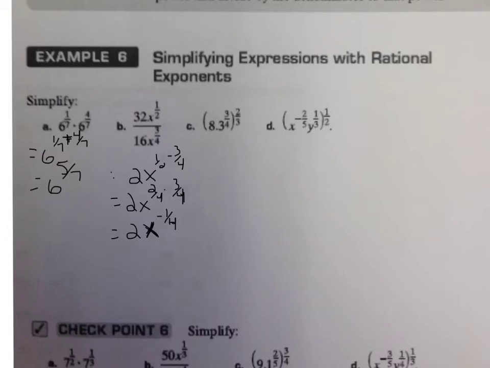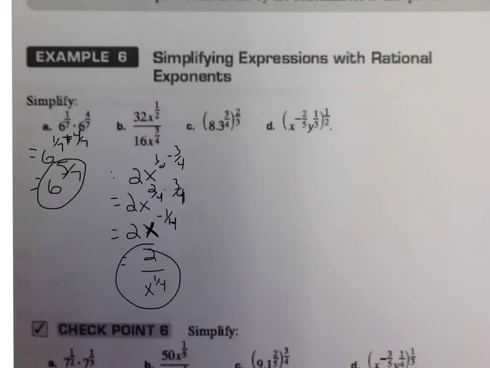But that 1 would be multiplied by the 2. So the 2 is going to stay up top, and in the denominator we'd have x to the 1/4. So 2 over x to the 1/4. That's the answer for B.